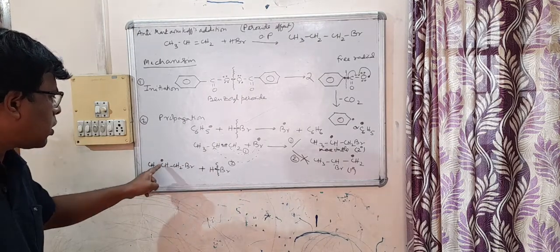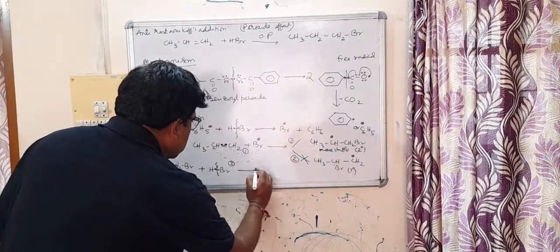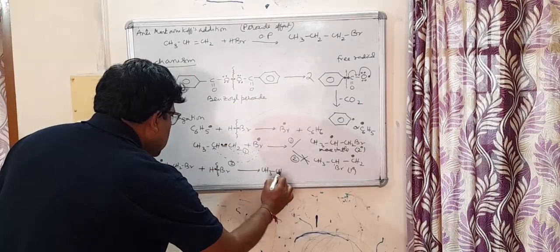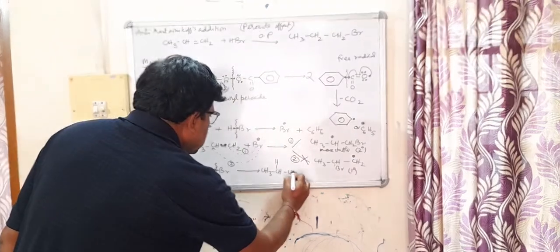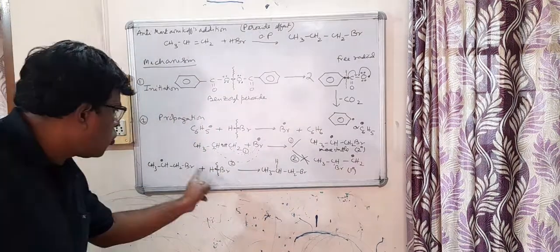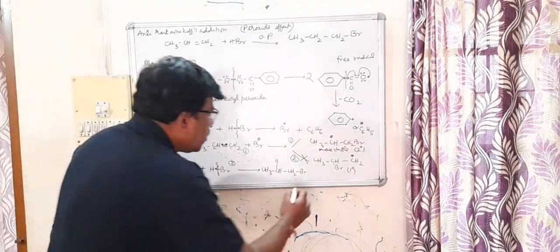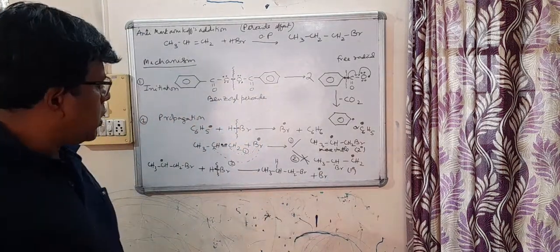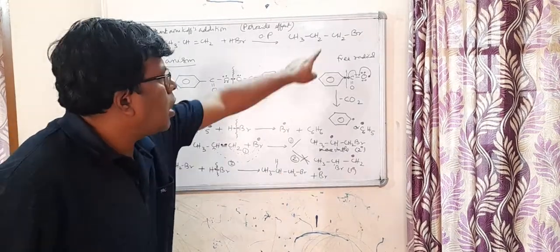This H dot with C dot will form a bond. So it is CH3 CH2 CH2Br. So the bond has been formed. And what will be the other species formed? That will be Br dot. So you see, in this propagation step, we have got the product that we expect.